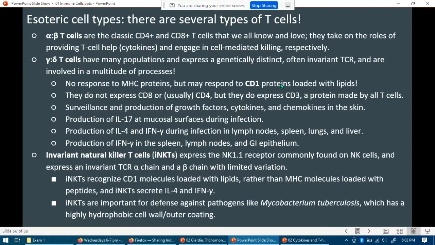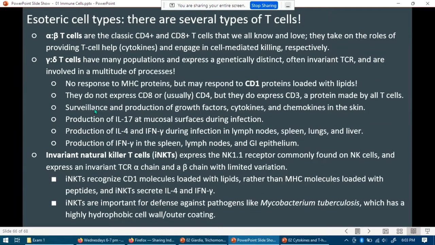So CD1 is another antigen presenting molecule, and there's going to be more info on this for exam 2. But gamma delta T cells aren't usually CD8 positive. A very small number of them are CD4 positive, but frequently they have neither of these as their co-receptor, or they don't express them at all. But they do express CD3, which is how we know that they are T cells.